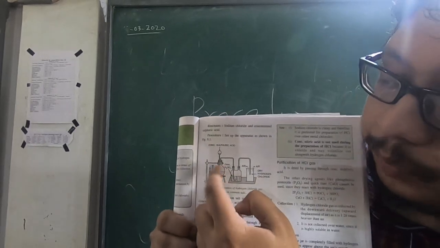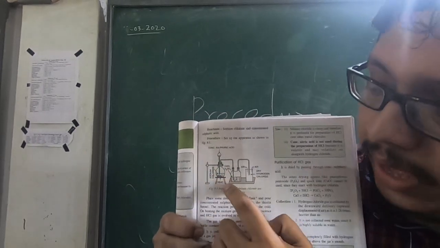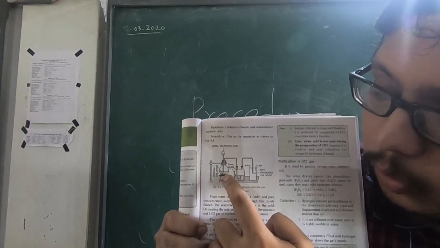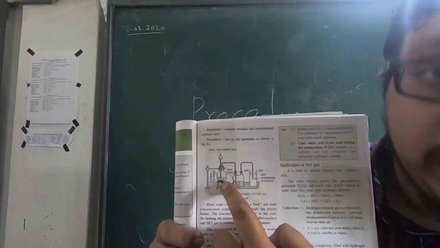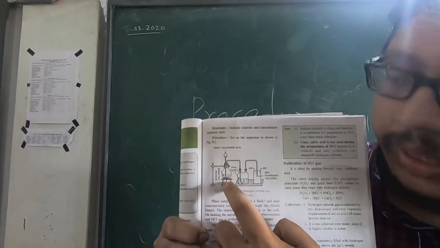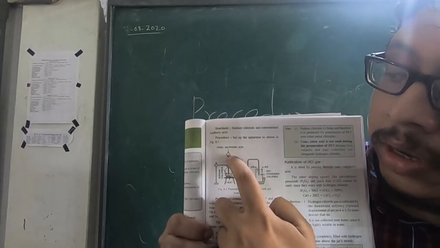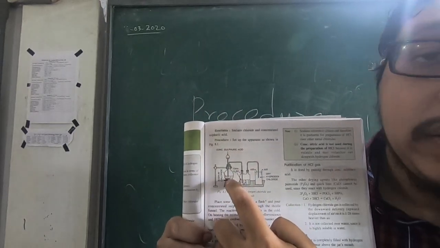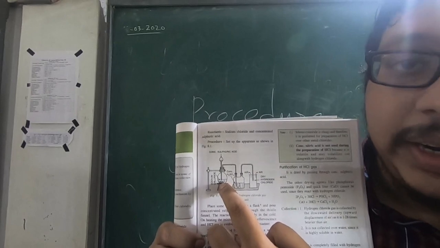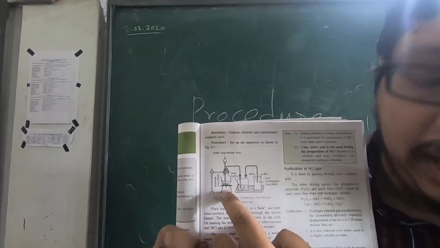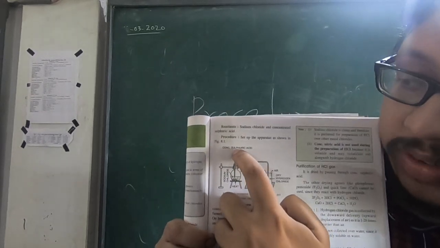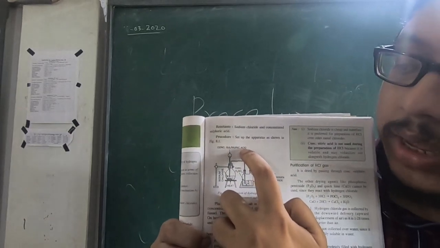In this round bottom flask, we have sodium chloride, that is our common salt. And from the funnel, we are pouring inside concentrated sulfuric acid. As you can see, it is written concentrated sulfuric acid.